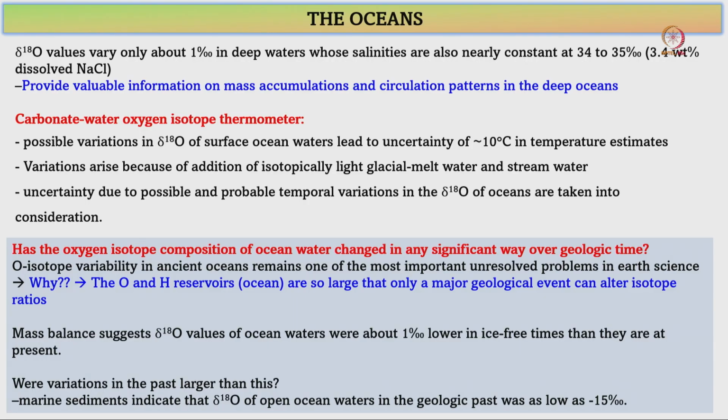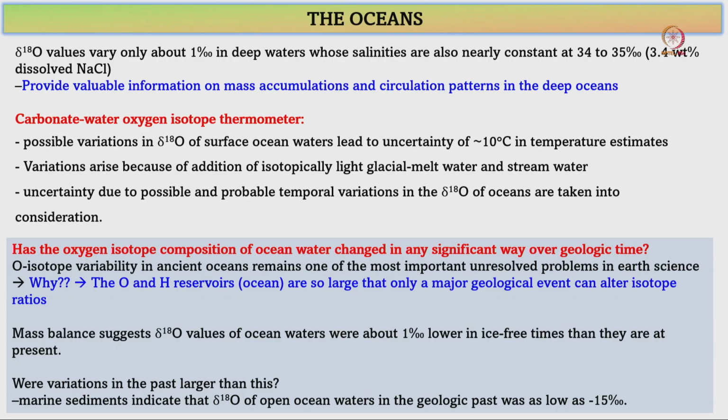So, it has to be a huge global event. Such events are very rare, and therefore its probability to happen in the past is also very low, but it cannot be totally neglected.